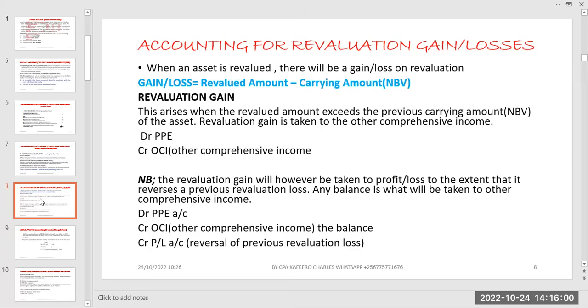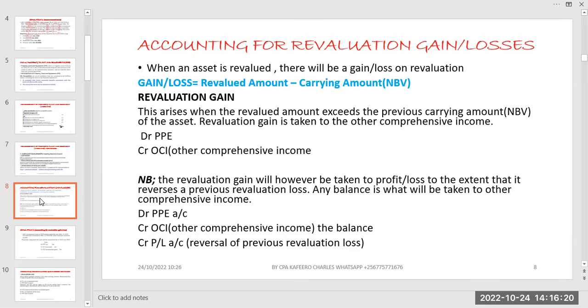So you take that cost minus the accumulated depreciation to get our carrying amount, which we are going to use to compare with the revalued amount. We see whether there is a gain or a loss on revaluation.